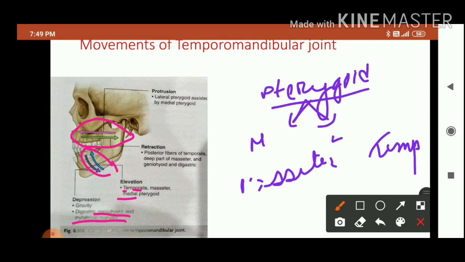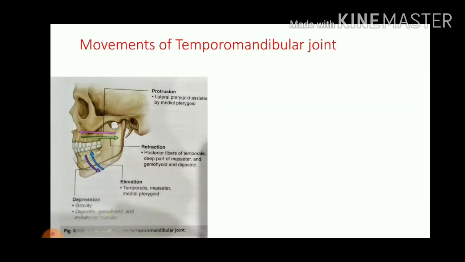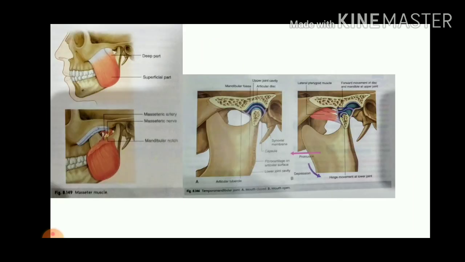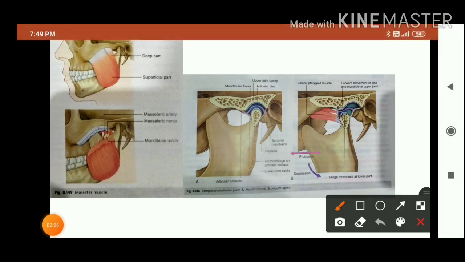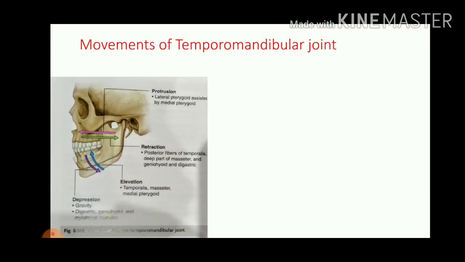Similarly, in case of elevation, you see that the temporalis muscle and the deep part of the masseter muscle are actually present superiorly, and hence they will cause elevation of the temporomandibular joint.